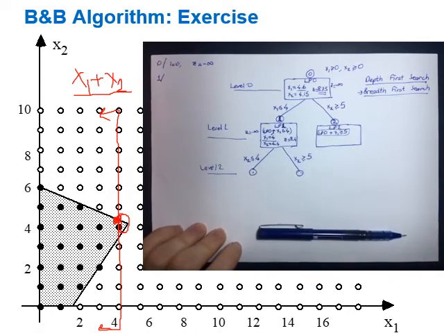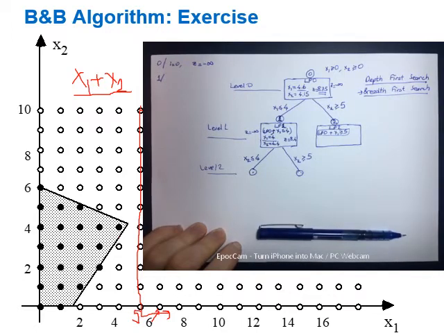Let's go back to our feasible region and see what happens. The constraint that I am adding is x1 greater than or equal to 5. This is 5 here and this is 6 here, and x1 is greater than or equal to 5. All the other constraints intersect here, but this constraint says to take the right hand side, and there is no intersection with this shaded area.